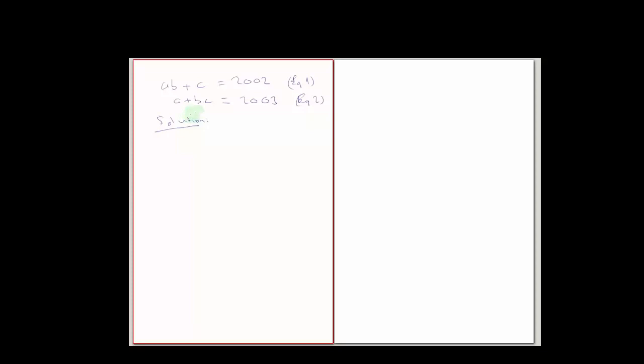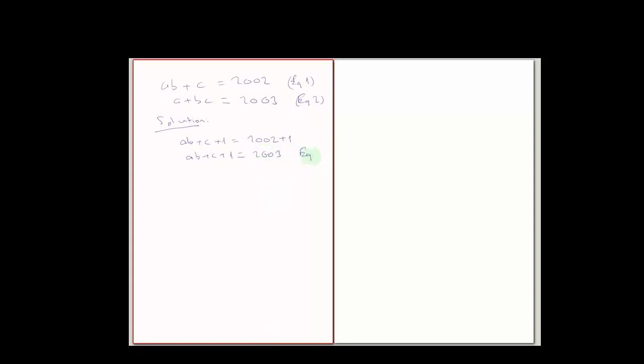If you add 1 to both sides of equation 1, it will be equal to equation 2. So let's do that. AB plus C plus 1 equals 2002 plus 1, then AB plus C plus 1 is equal to 2003.